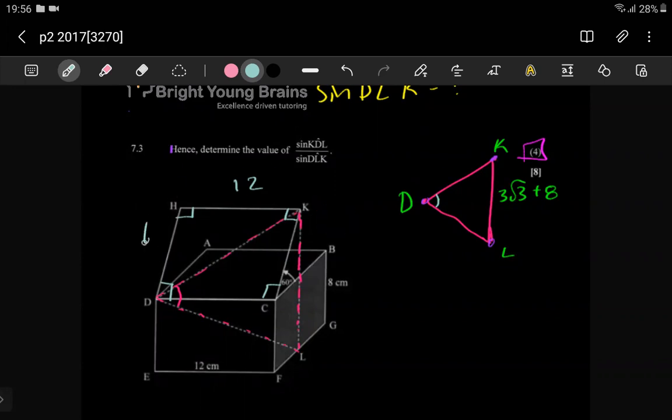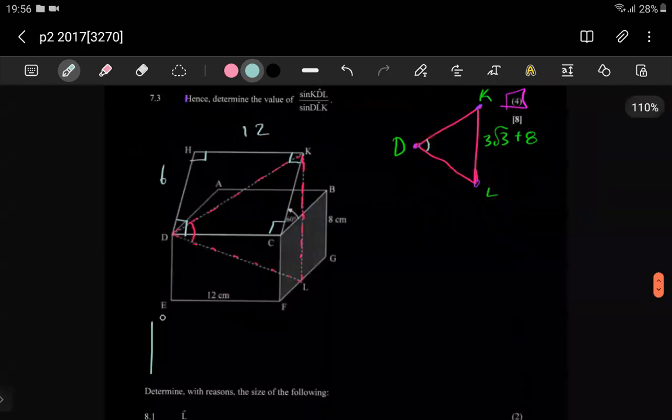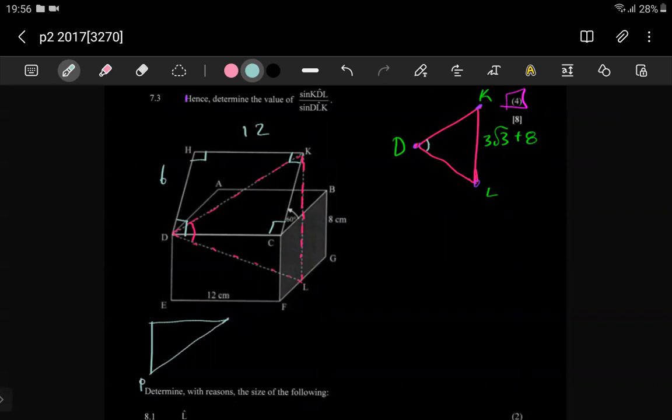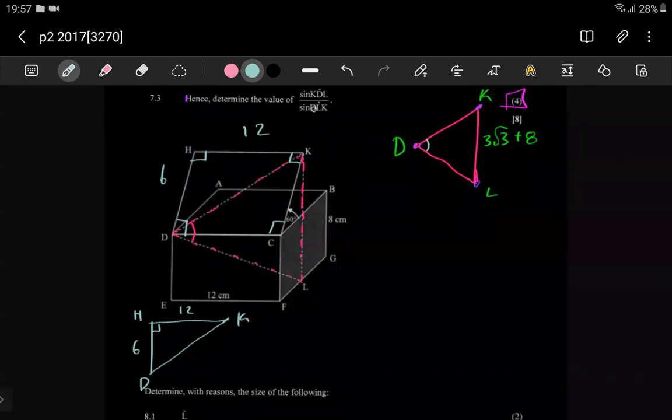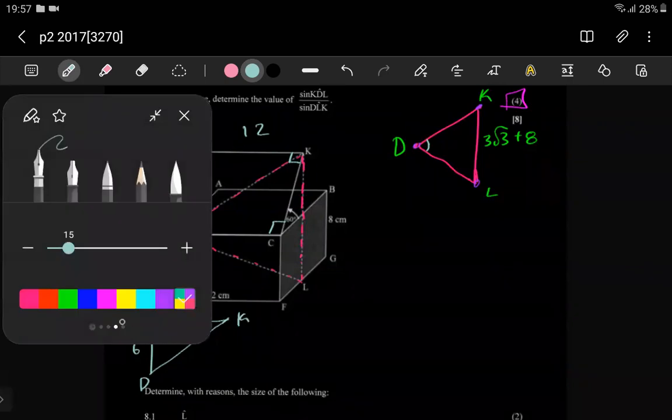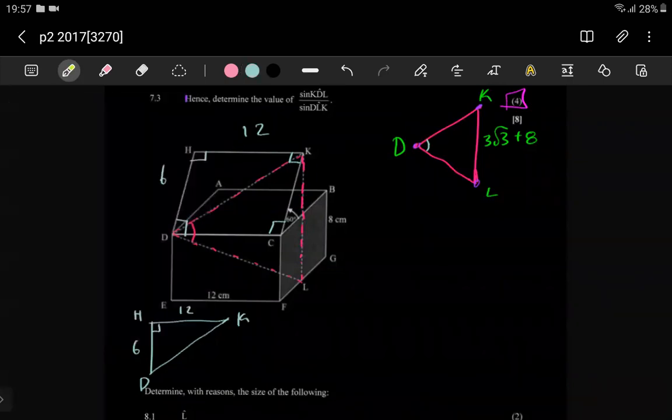So in our sketch, we have this triangle here that can get us the distance of KD, because we have K, D, H here. This is 6, this is a 90-degree angle, this is 12. So apart from just clinging on to what they're asking and what we don't have, you're always 100% welcome to get your own items onto the sketch.